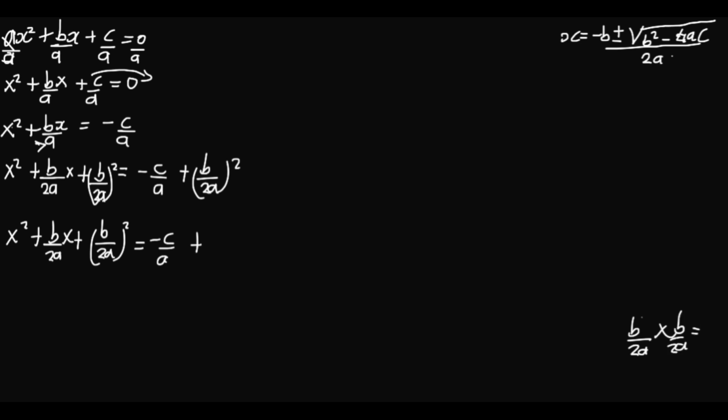So if we multiply b times b, we have b squared, 2 times 2, 4, a times a, a squared. So if this is expanded, we get b squared over 4a squared. So we can still simplify the right side, keeping the left side the same.